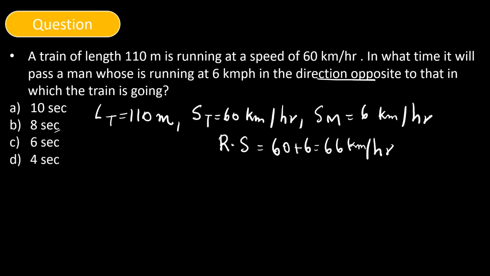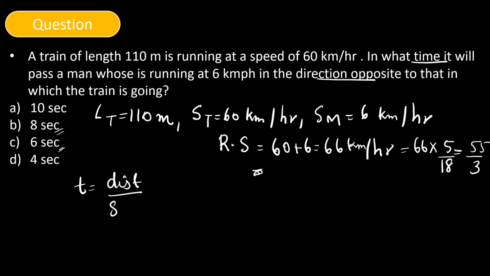Here the answer is given in seconds, so we'll convert this into meter per second, that is 66 into 5 by 18, which is equal to 55 divided by 3. Now this is the relative speed. Time is equal to distance by speed.